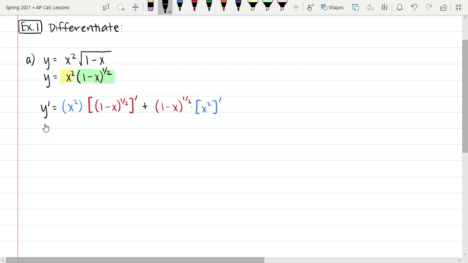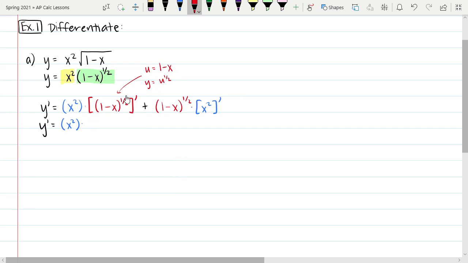So now we're going to find y prime equals, again, the first times. Now, to find the derivative here using the chain rule that we've been discussing, my u, my inner function, is 1 minus x, and my y is going to be u to the 1/2.